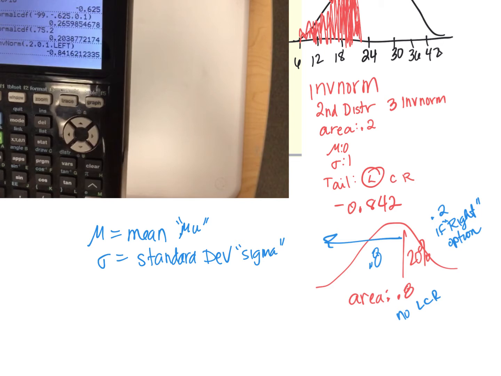So now I have a z-score. I have a z-score and I have a mean and a standard deviation. Can I find the actual fuel efficiency, the x? Remember our equation, x minus mu over sigma.